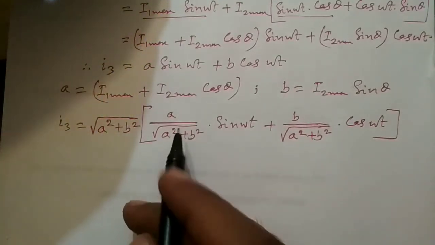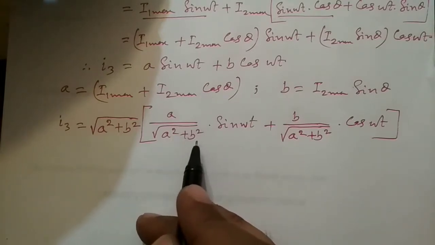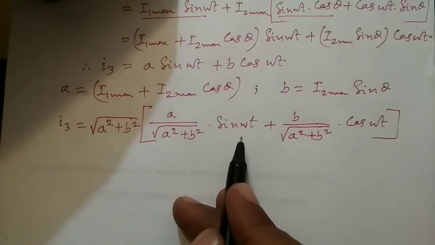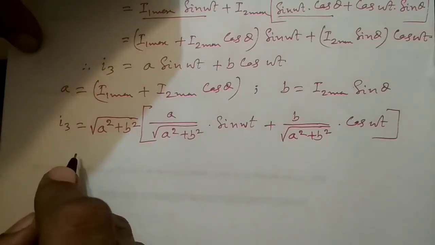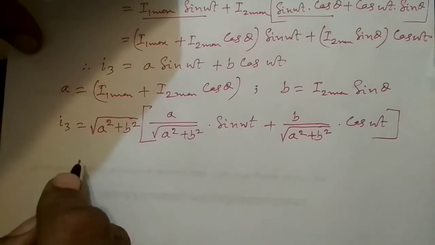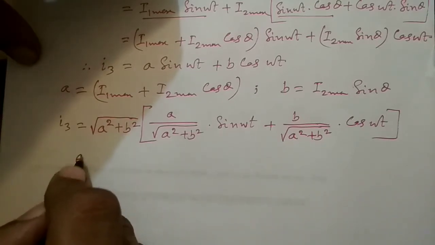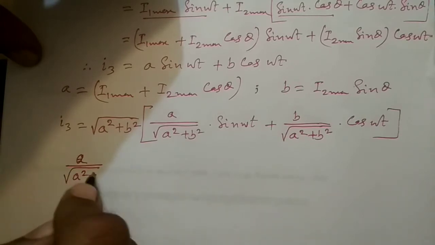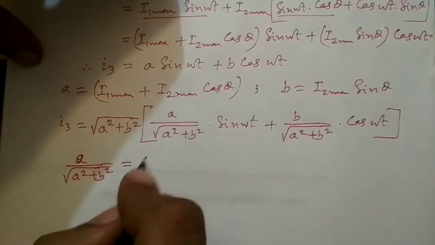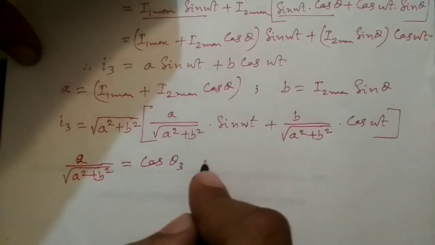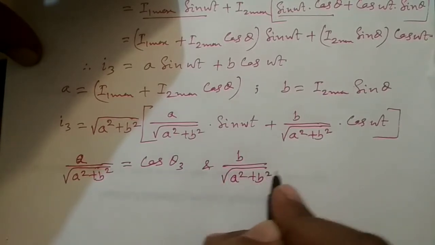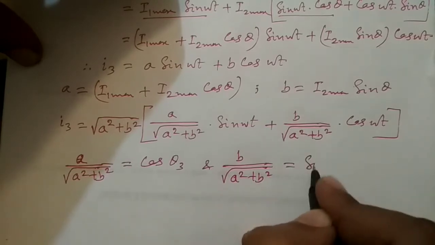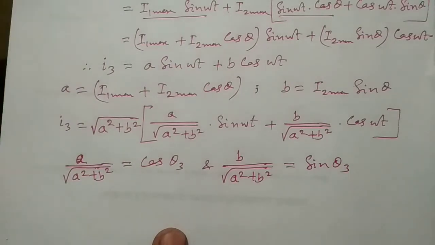Now the value of A upon square root of a square plus b square can be considered as cos theta 3, and B upon square root of a square plus b square can be considered as sine theta 3. That we can do by using the trigonometrical formula.